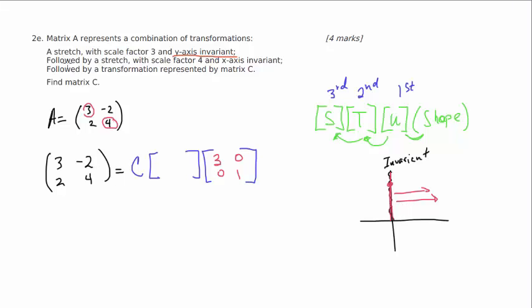And so when our next one is that it's followed by a stretch of scale factor 4, X is the invariant line.